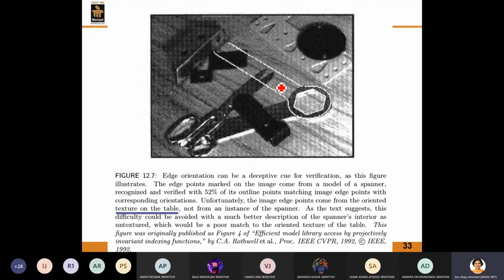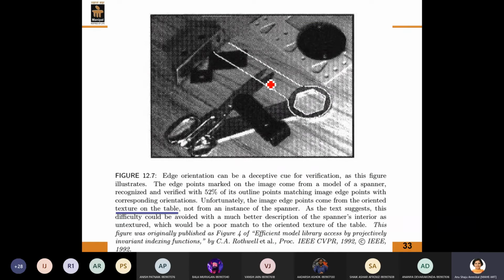So even though you know that there is no object present over here, this particular transformation, or this particular overlaying, shows us this kind of result with a very good matching.